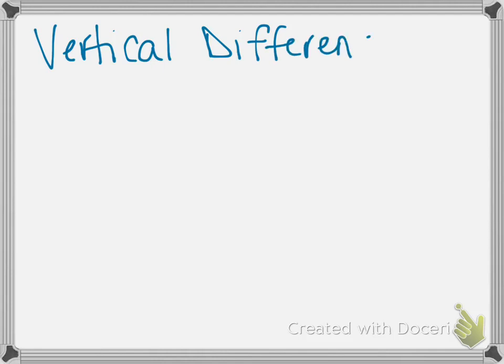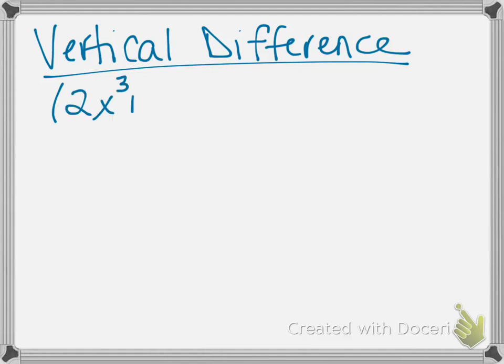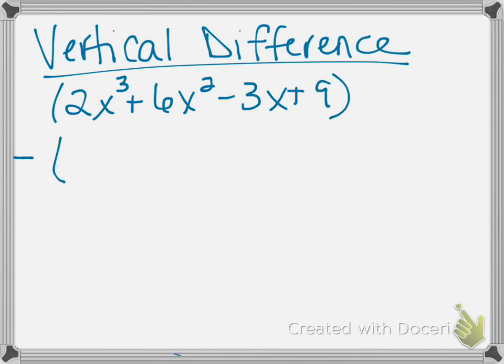Okay, so the vertical difference, same idea. So I have the 2x to the third plus 6x squared minus 3x plus 9 minus 4x to the third minus 2x squared minus 1x plus 2.